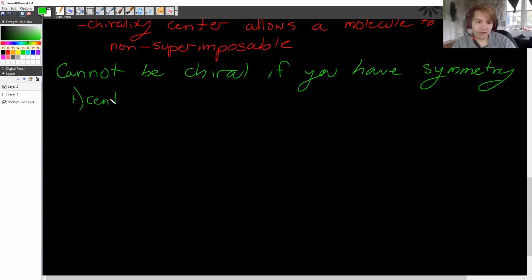There's center of symmetry, there is the plane of symmetry, and there is the axis of symmetry. If you have one, you cannot be a chiral molecule and you cannot be a stereoisomer. So with that in mind, let's go through and talk about what is going on, all right?